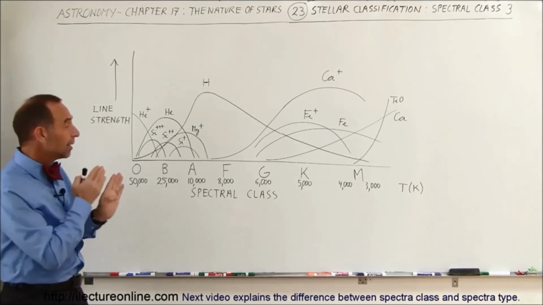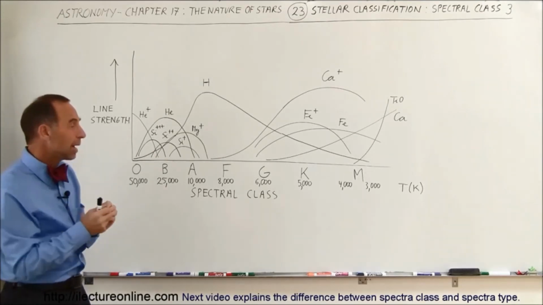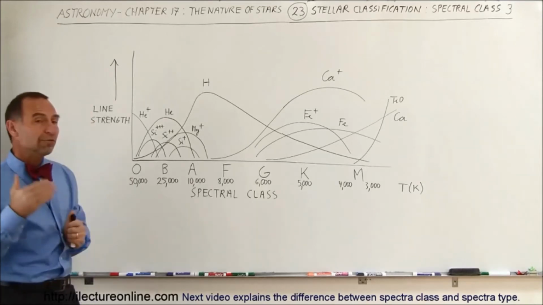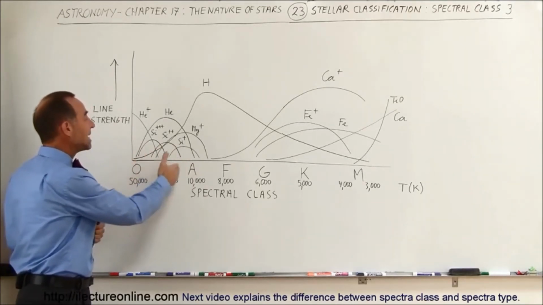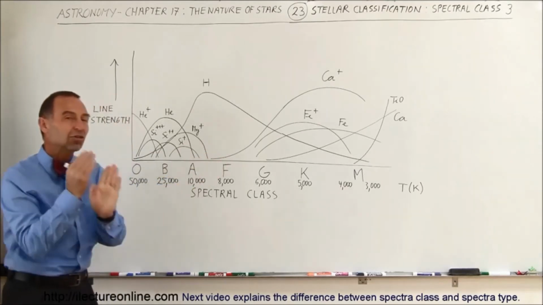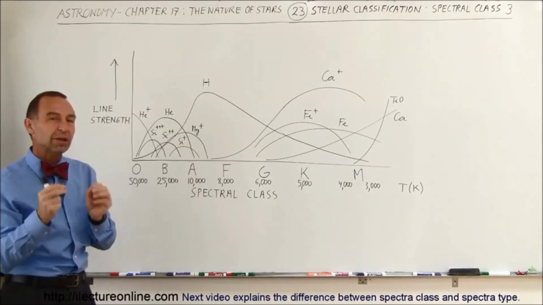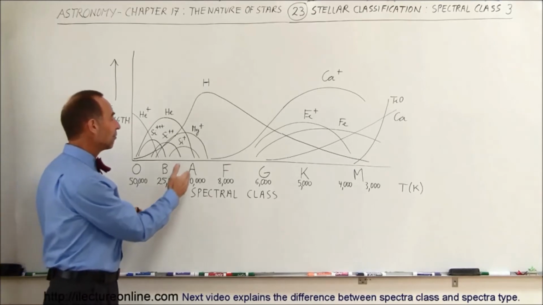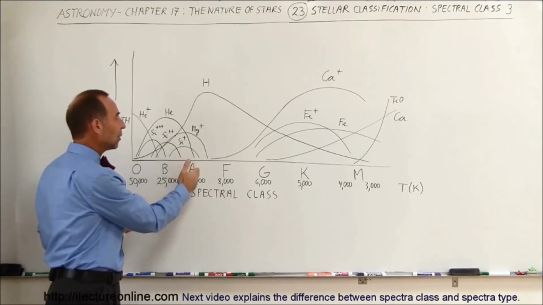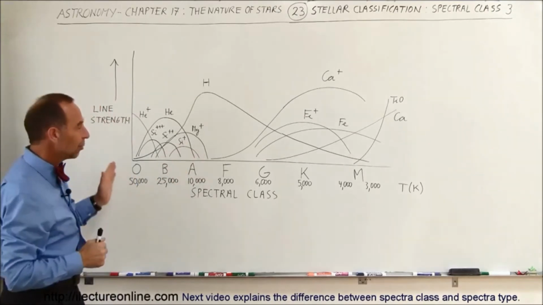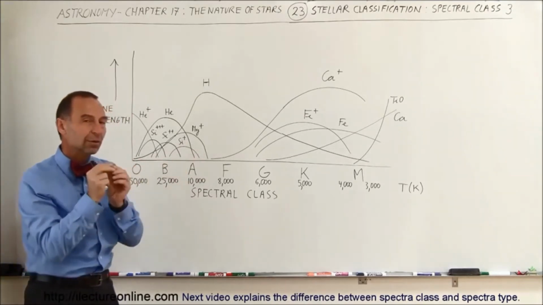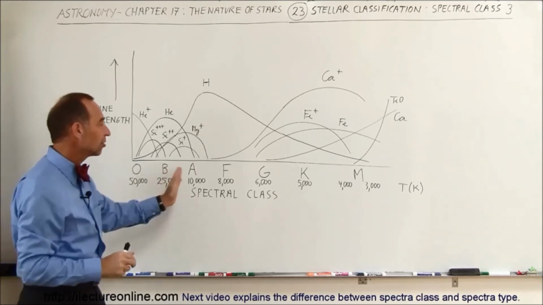In order to get a more accurate feel for what we're actually looking at, we've taken the classification of the stars, the various classes O, B, A, F, G, K, M, and subdivided them into what we call spectral types. For example, we have class A0, A1, A2, so we can subdivide even more carefully, and we call them the spectral type, narrowed down to a very small fraction of each class.